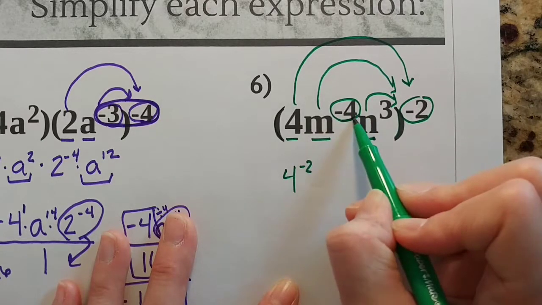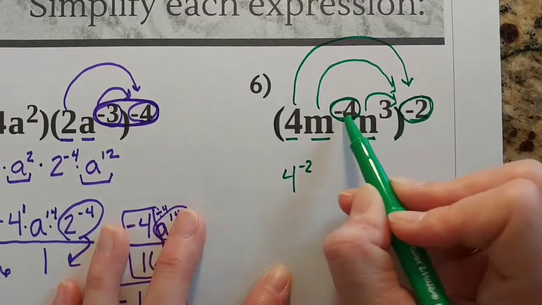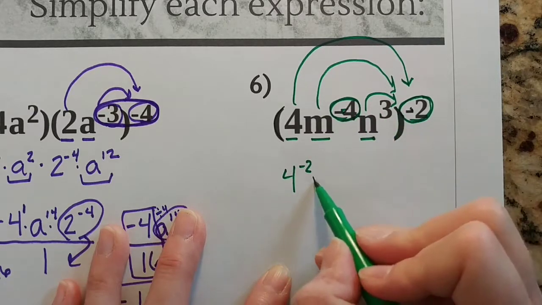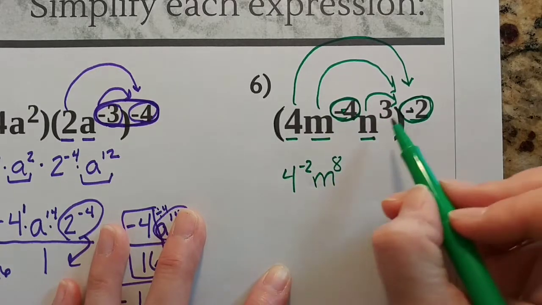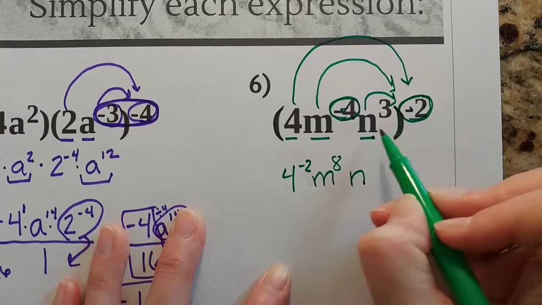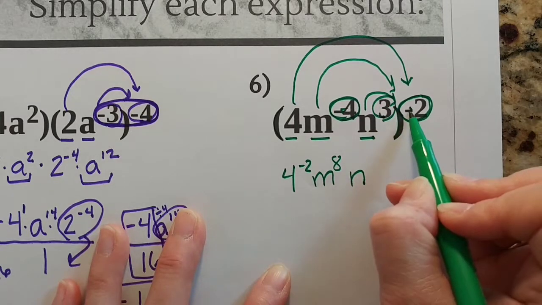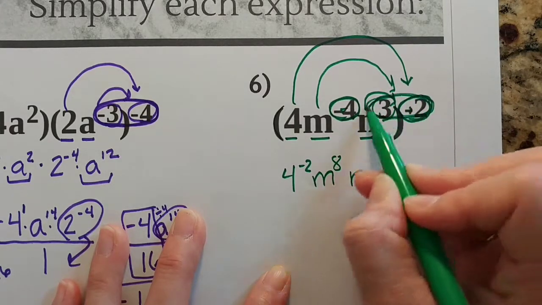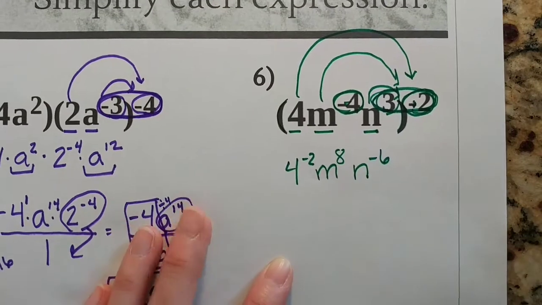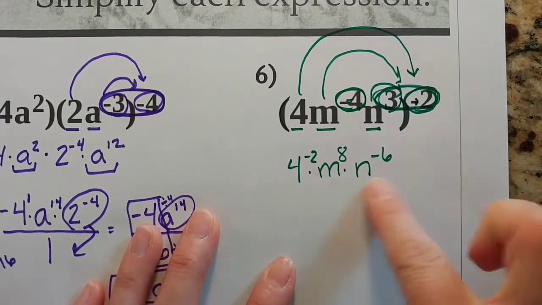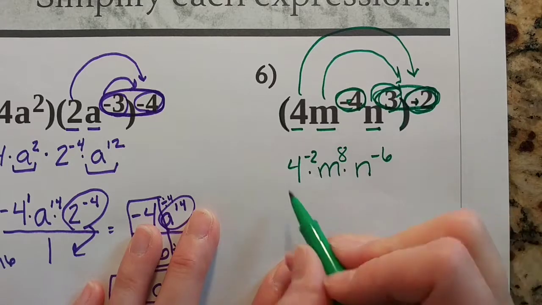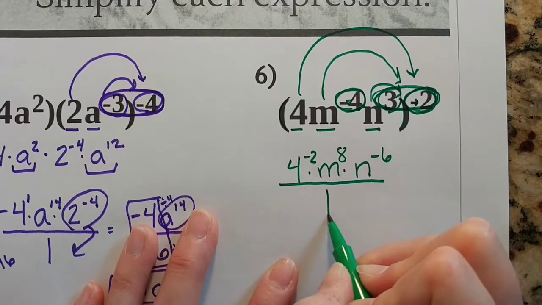It already has a power. So power to a power, we multiply the powers. And I get m to the positive 8. Now n. N already has a power, and I'm raising it to another power. So power to a power, I multiply the powers. Now let's take a look and see what we have. Nothing to combine, but I do notice negative exponents. So go ahead and make a fraction right away.